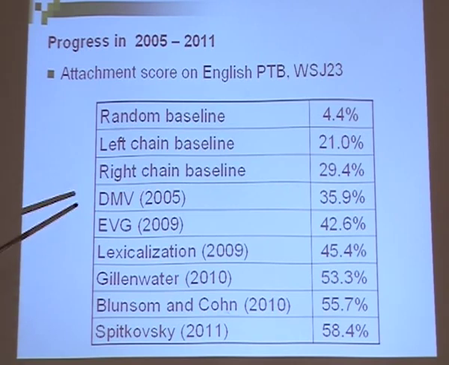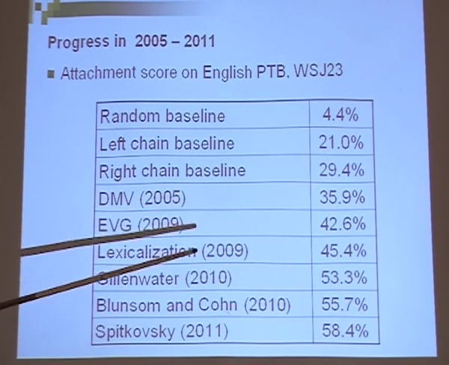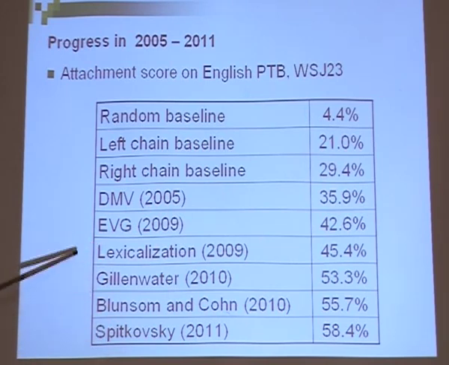The dependency model with valence in 2005 had only 35% on the Penn Treebank, then the extended model in 2009 had 42%, and then it went up. And these are the state-of-the-art results by Valentin Spitkovsky in 2011, who has 58% on the Penn Treebank.